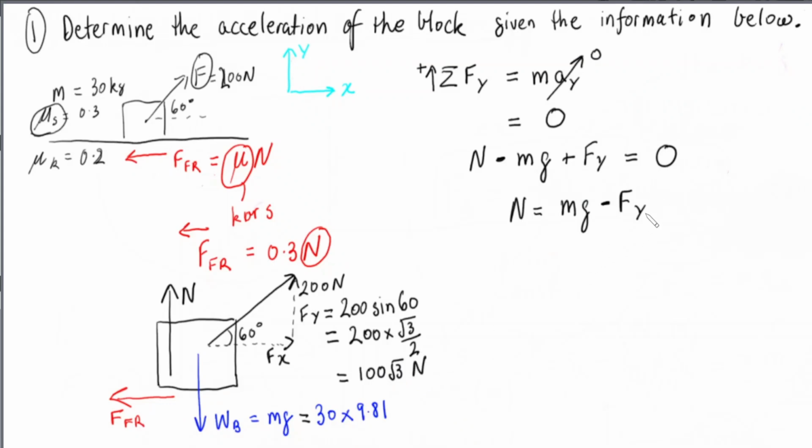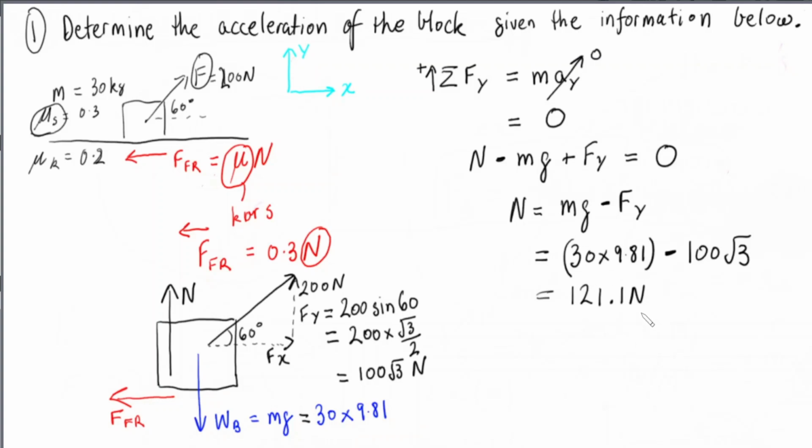I'll go ahead and put that in the equation. So we have the weight force, 30 times 9.81, minus 100 root 3. If we plug these into our calculator, we should get a normal force of 121.1 newtons.